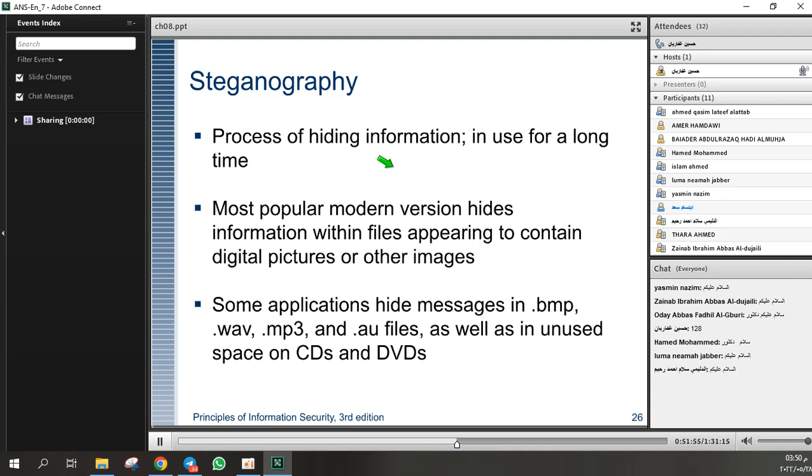Okay. Let's pass the encryption methods. We have some other techniques. One of them is steganography. Steganography is a process to hide information in different digital file formats, but those file formats must have enough redundancy in their structures.